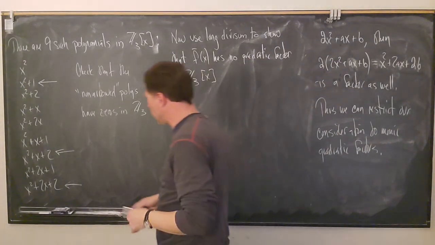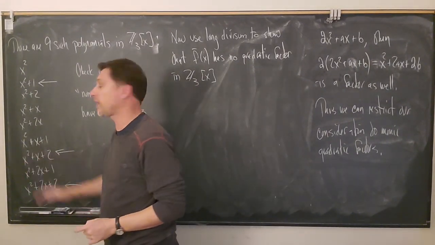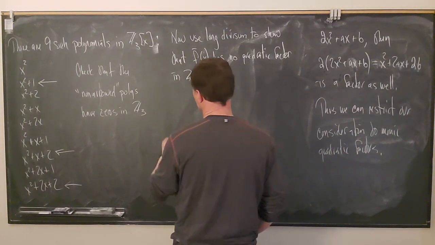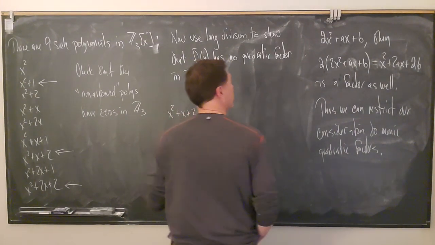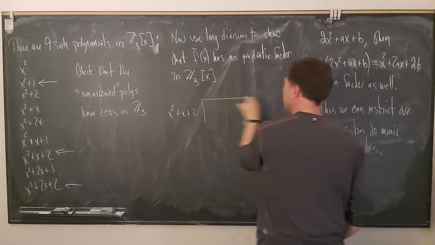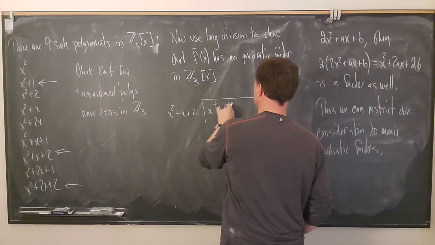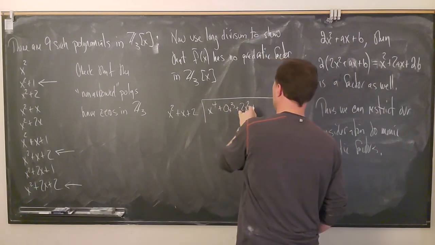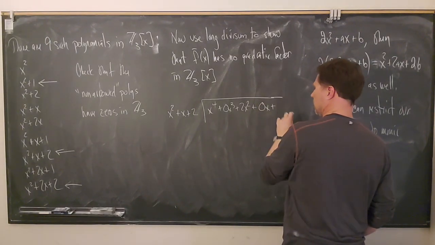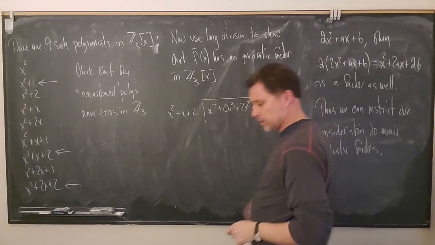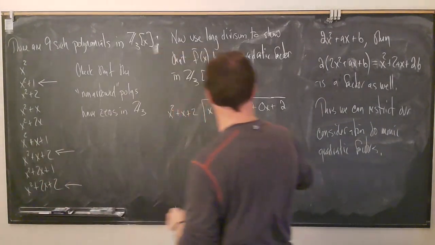And let me just do one example. Let's say I'll show that this one right here is not a quadratic factor. x squared plus x plus 2, and I need to divide that into, what was my polynomial? x to the 4th plus 0x cubed plus 2x squared plus 0x plus 2, I think. Is that right? Let me just make sure. Yeah, mod 3, that's it.